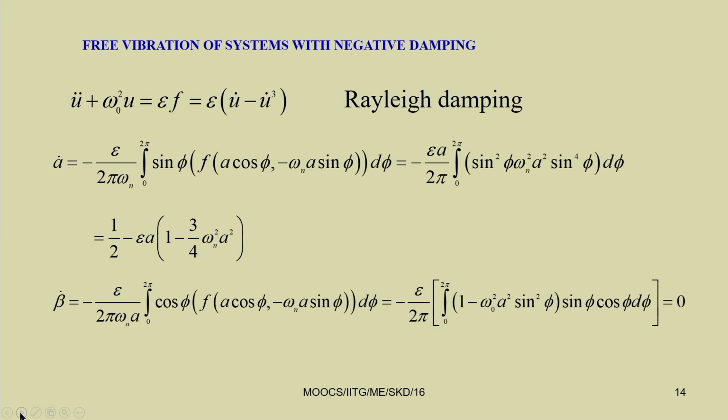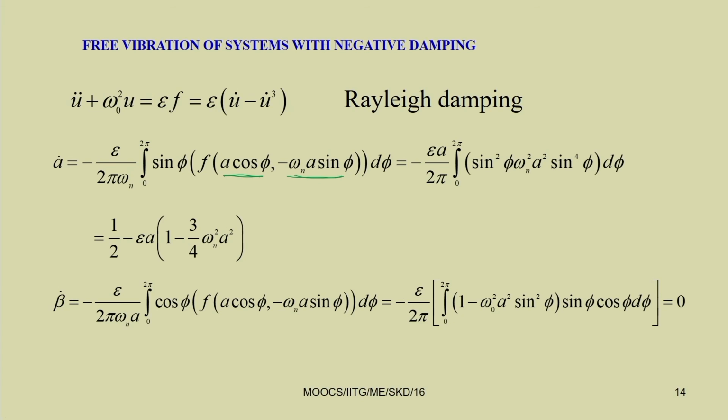Let us find this response. In this case a dot will be equal to minus epsilon over 2 pi omega n, integral 0 to 2 pi of sin phi f, with a cos phi and minus omega n a sin phi. So, for u you are substituting a cos phi, and for u dot you are substituting minus omega n a sin phi.